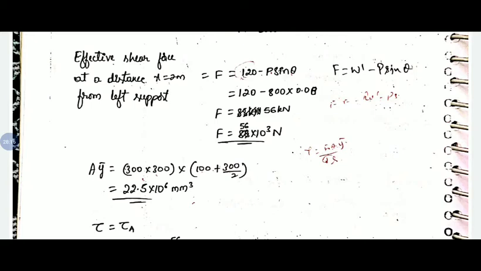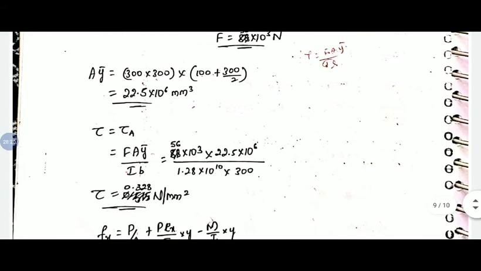So it will give 22.5 into 10 power 6 mm cube. So tau equals F A Y bar by I B. F we have calculated, A Y bar we have calculated, I is the moment of inertia for the overall section and B is the width of the section, 300, since it is a rectangle. So tau equals 0.328 Newton per mm square.